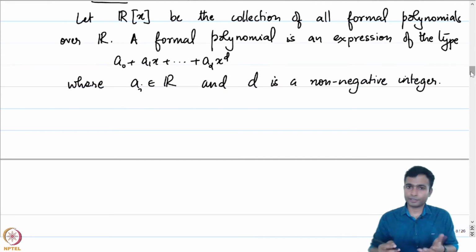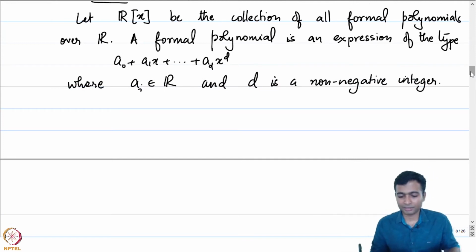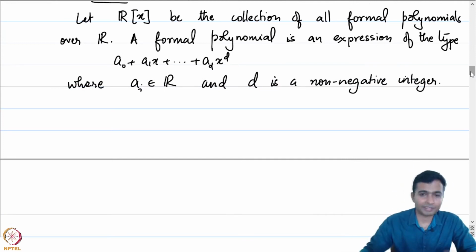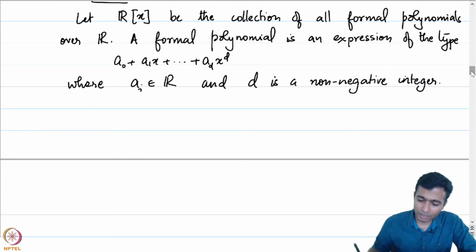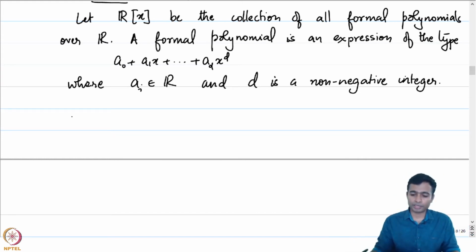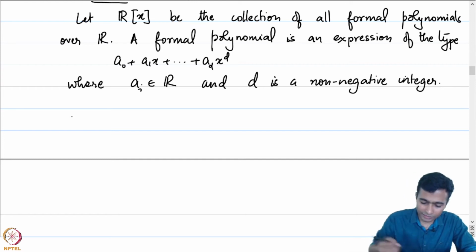Because this is a space which you would have seen many times and you will be very familiar with, but nevertheless, let me give a formal definition to make everything complete. So we will be familiar with the addition of polynomials, multiplication of polynomials. Let me not give all those things as definitions again.